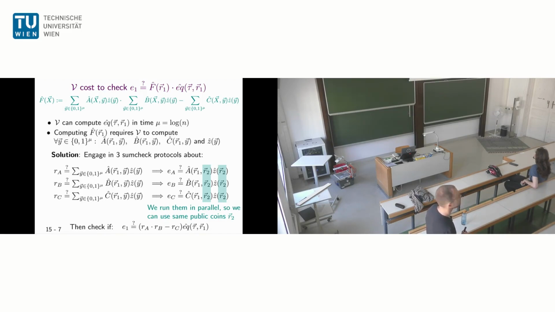And when the prover and the verifier engage in three Sumcheck protocols in parallel, the verifier can be lazy and send the same randomness. But he needs to wait. So he runs three Sumcheck protocols in parallel, and once he has the first round here, and the first round there, only then he can respond.